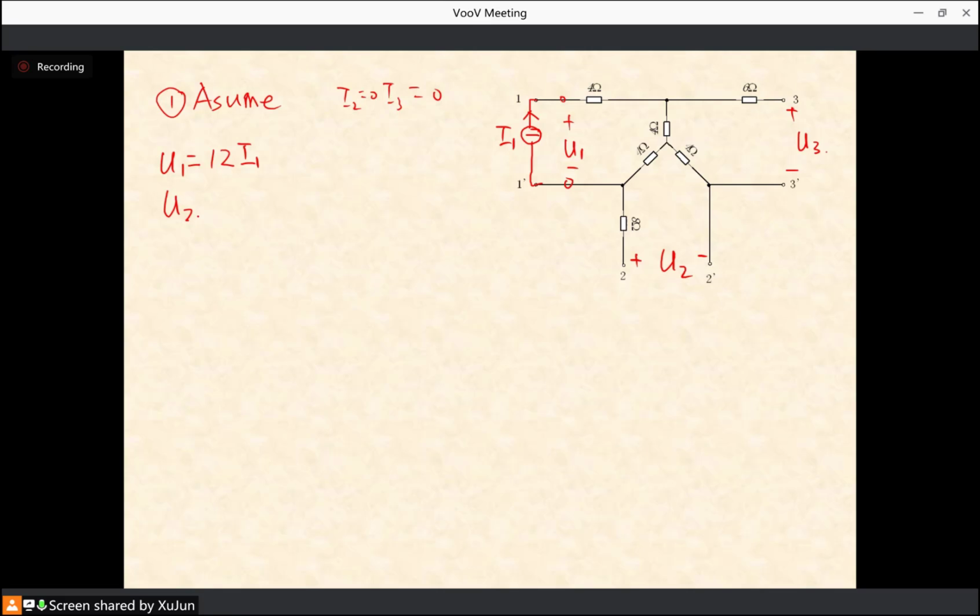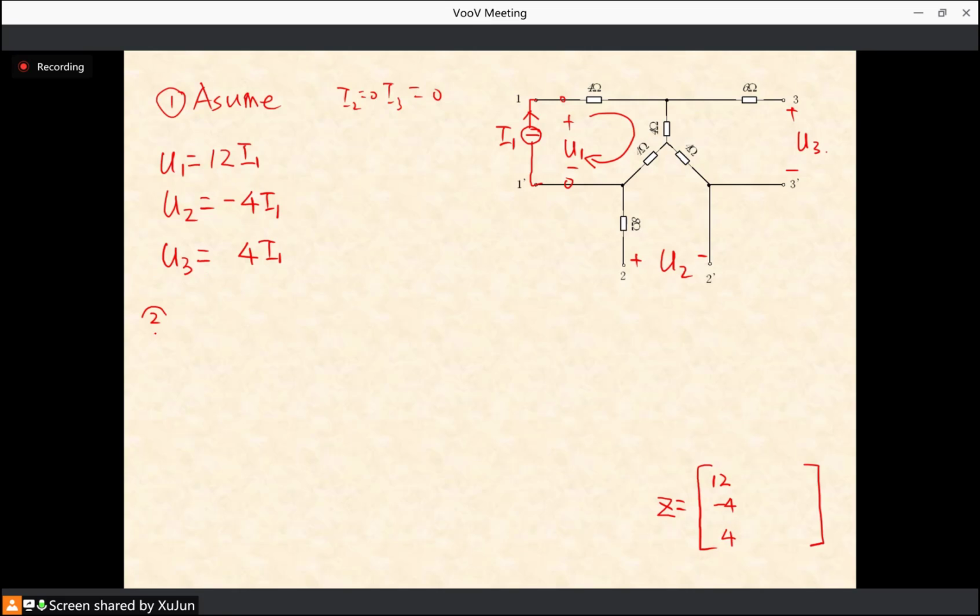U2: I1 flows in this loop, so U2 will be minus 4 I1. And U3 will be this 4 ohm resistor voltage, so U3 will equal 4 I1. So for the Z parameter, the first column is 12, minus 4, 4.